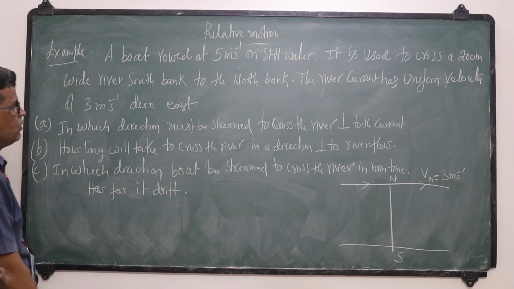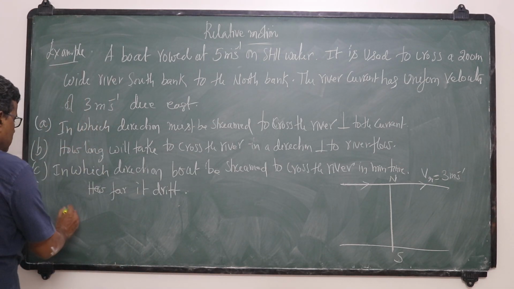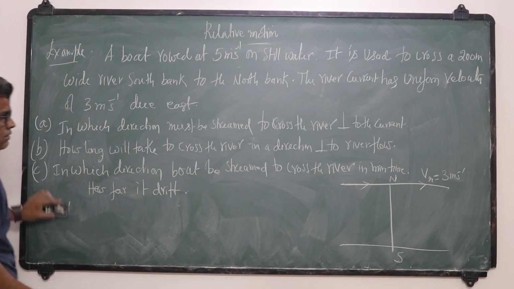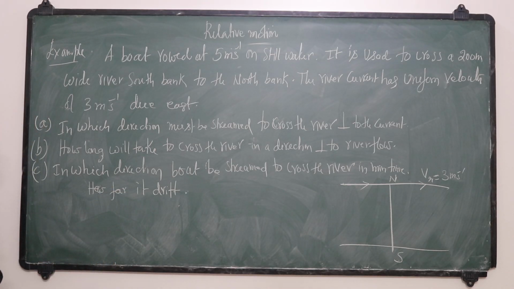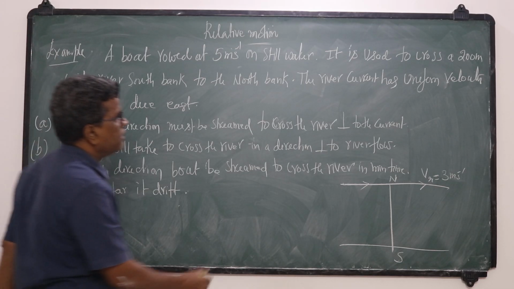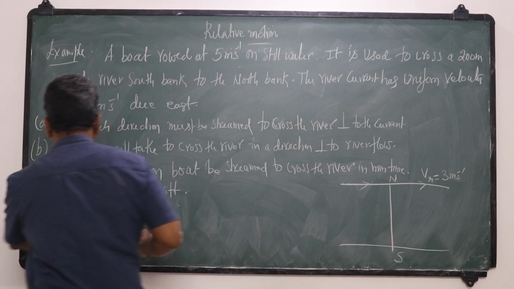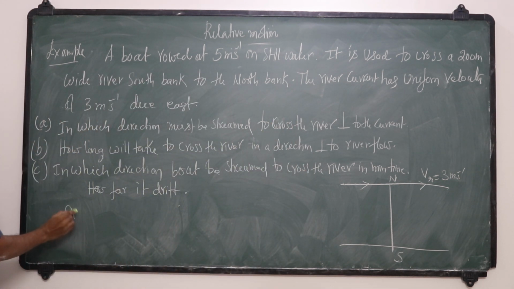Now the velocity of the river is VR. The velocity of the boat in still water is VB. So I will write the given data here.